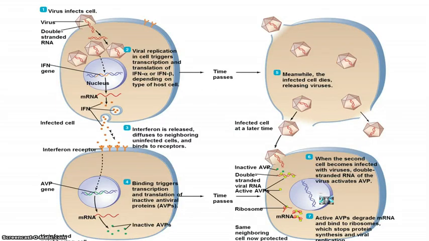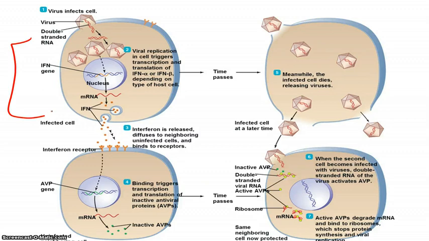So if we look at this slide, which has a lot of words and busy stuff, let me just take you through it. Basically, you have a cell that's been infected by a virus, and that cell is doomed. But think about how the virus is going to proceed. It's got to recognize, attach, get into the host cell, then it starts to take over the host cell, then the host cell makes all the new viral components.